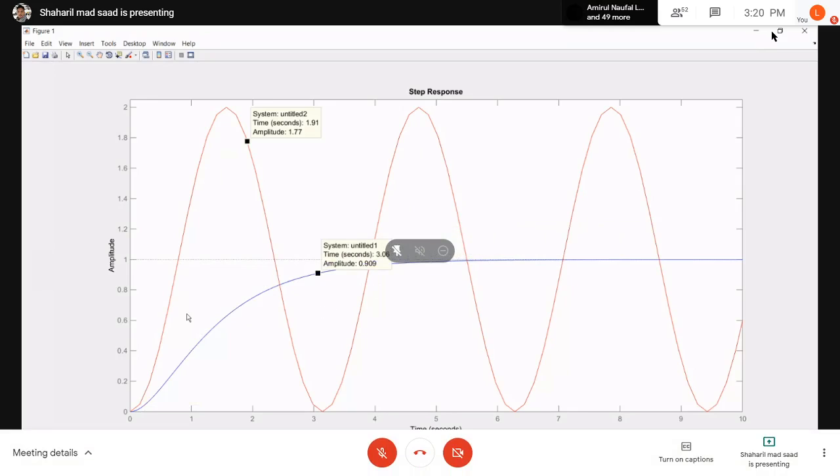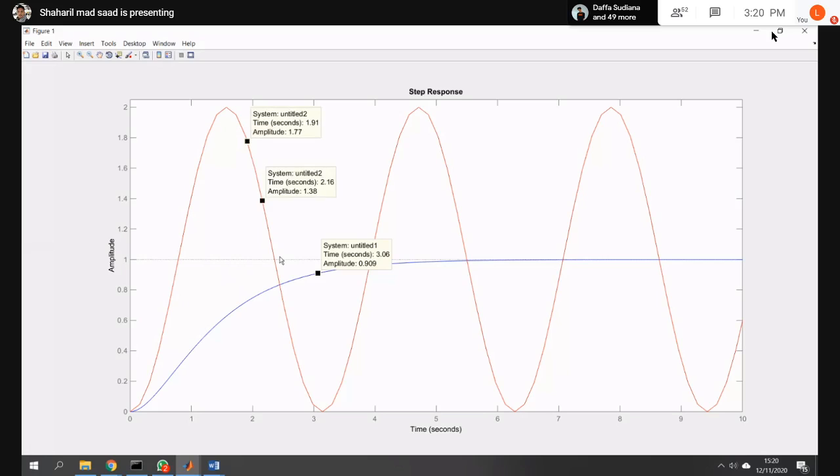However, the undamped can reach the output of 1 faster than overdamped, but it is not stable. So that is how we describe our system.